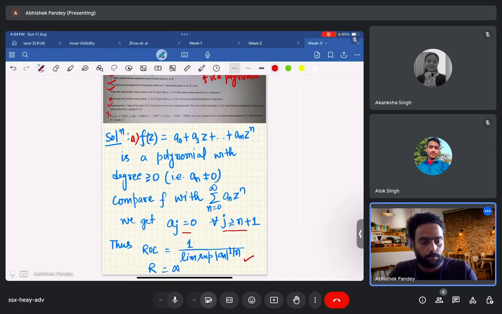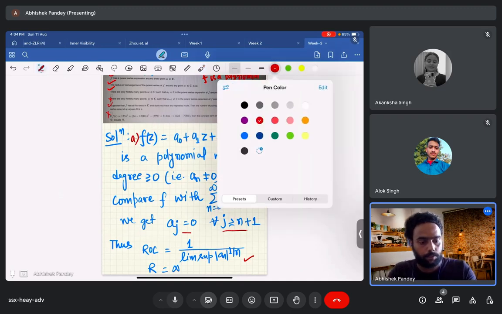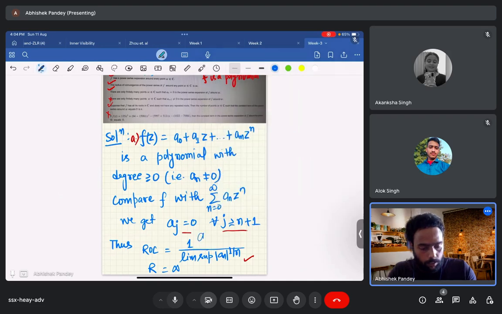And basically here your a_j is equal to a_j only, where j is equal to 1 to n.